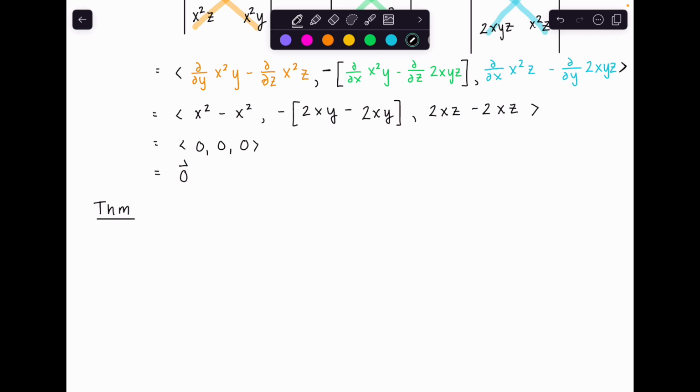So this theorem states, let f be a function of x, y, and z. Let this be a function with continuous second order partial derivatives.